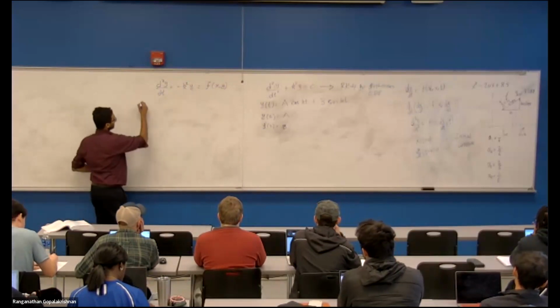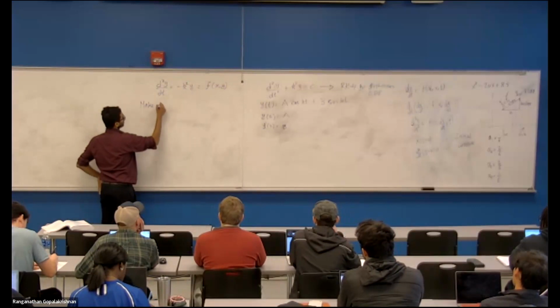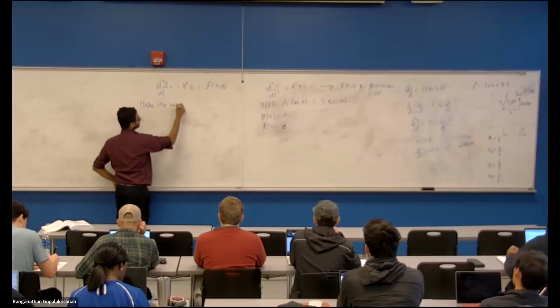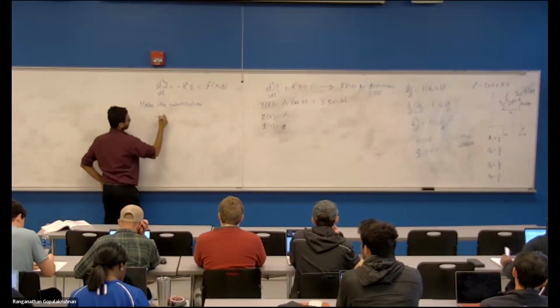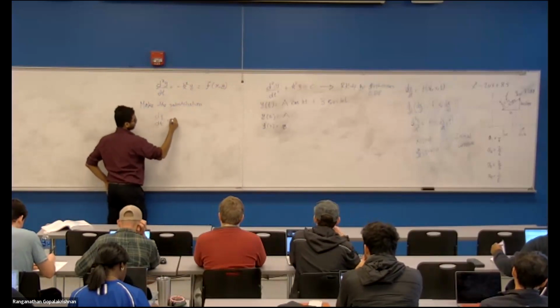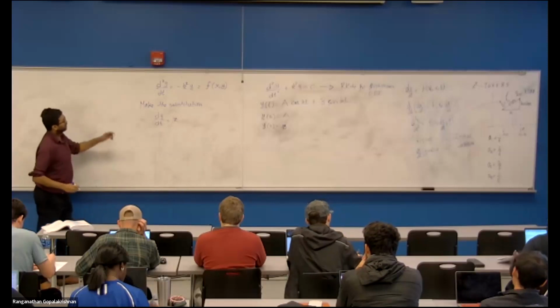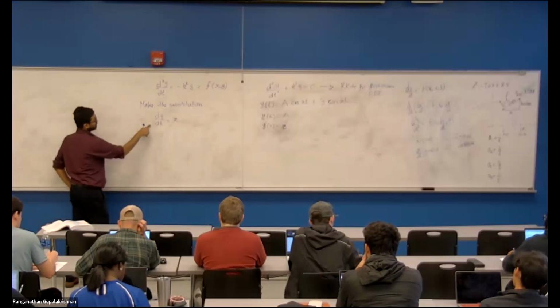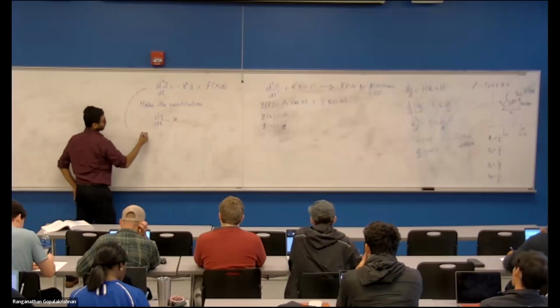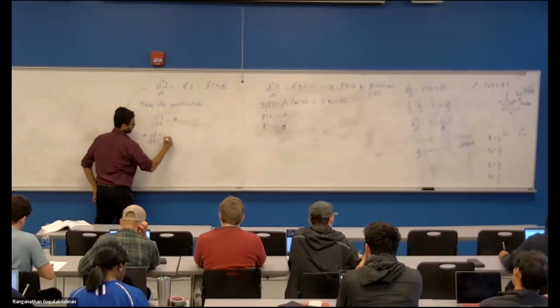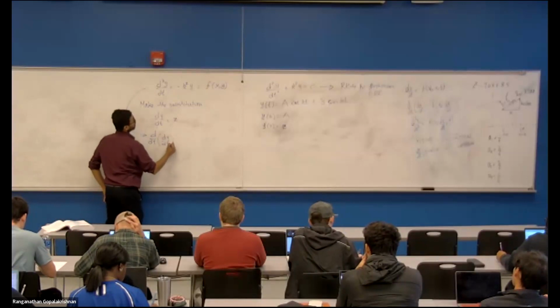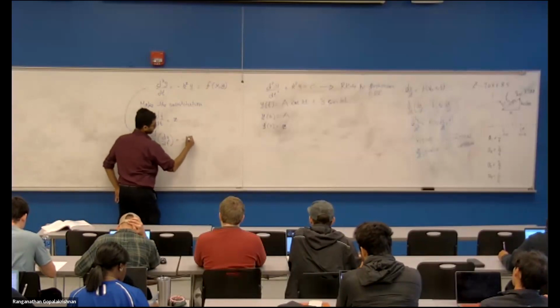If I make the substitution dy by dt equal to z, how does this equation reduce? This is d over dt of dy over dt equal to minus k squared y.